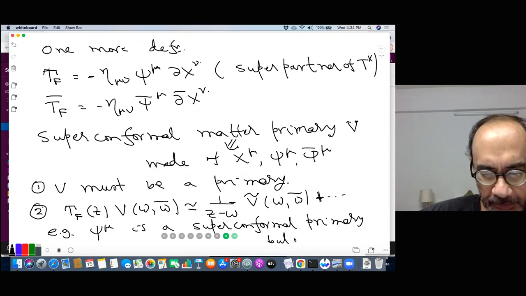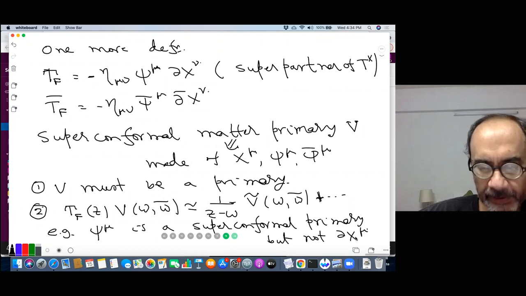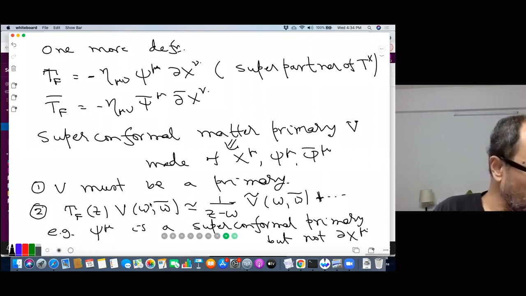But not del x mu, because del x mu with TF will have a double pole, since del x OPE has 1 over (z minus w) square. So this will have a double pole, and that violates the condition of a superconformal primary. Again, this definition will be useful later. Right now, it's just a definition.